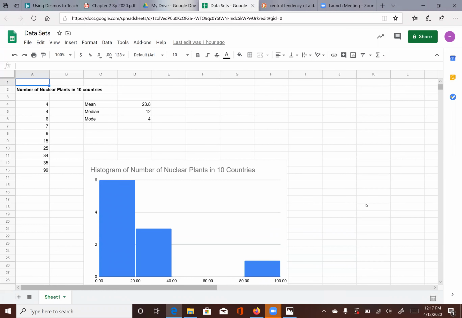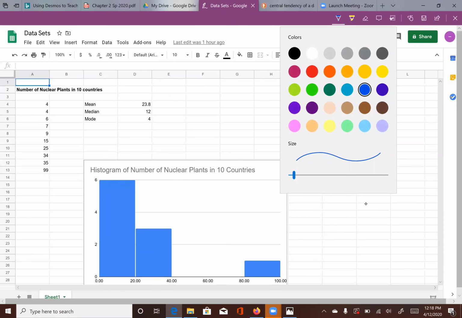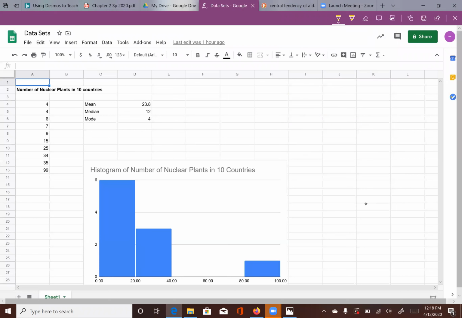And if you look at this, I created a histogram for this data set. Looking at this histogram, you will see that most data entries are surrounding this area, and you only have probably one entry that is far away from the majority of the data set, far away from the central tendency.